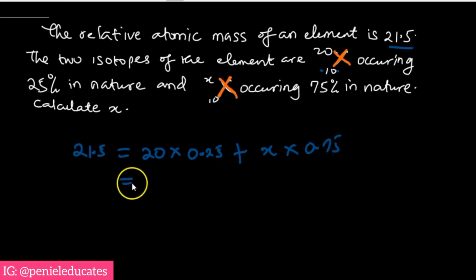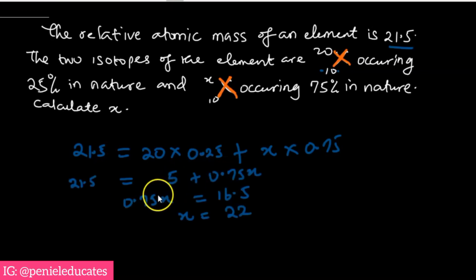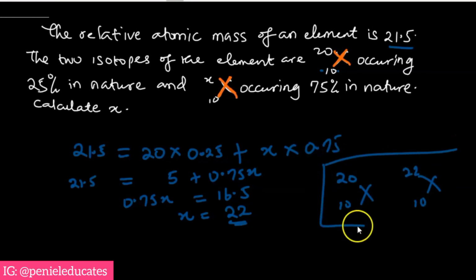Once we do the calculation, 21.5 equals 5 plus 0.75x, so you're going to get x to be 22. That means the two isotopes that we have are 20 10 X and 22 10 X. Those are the two isotopes that we have.